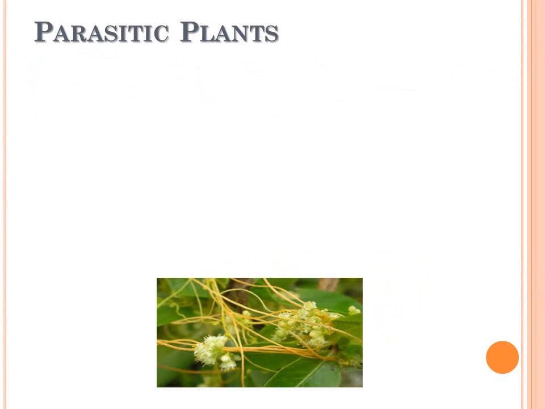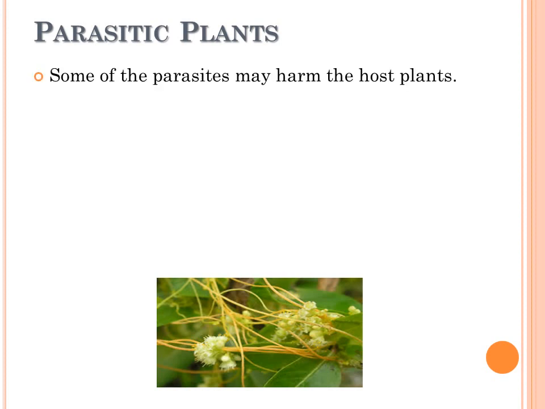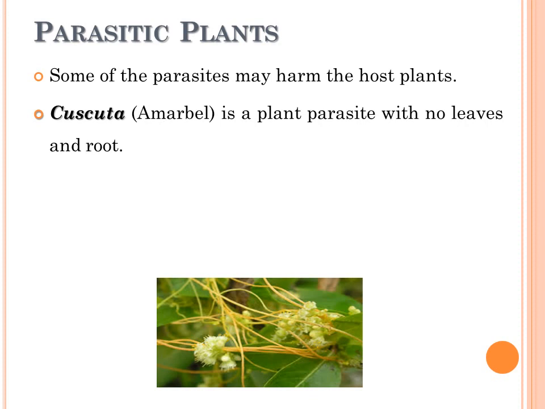In this, first is parasitic plants. Regarding this, we learned in the second video. Let's do it one more time. Some of the parasites may harm the host plants. As we have learned, parasites are always dependent on other plants.